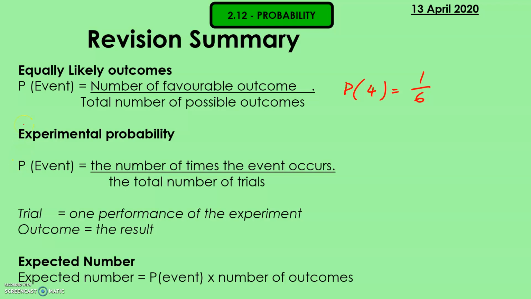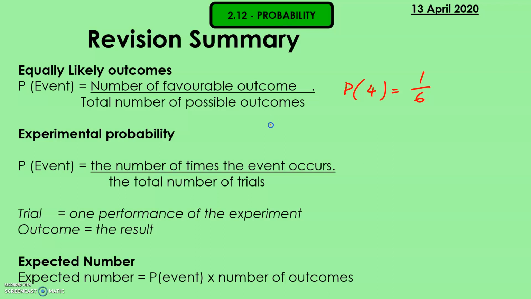Experimental probability is when we start looking at the fact that if I did roll the dice, I may not get a 4 even if I rolled it 6 times. There's a chance that I could get 6s for the first 10 rolls, which would be a low probability. But the actual calculation is the same.